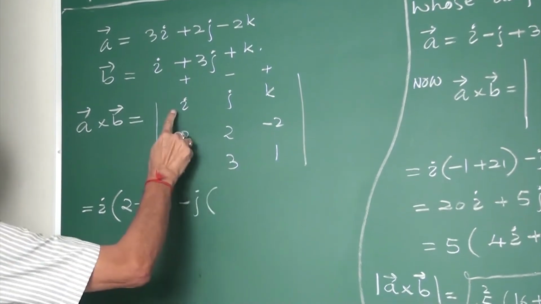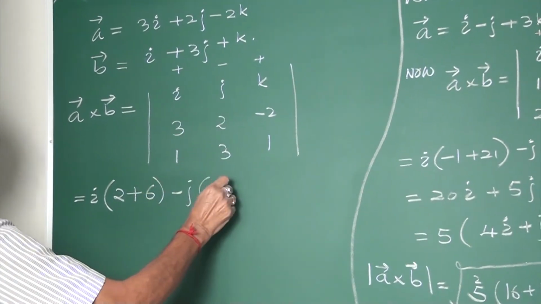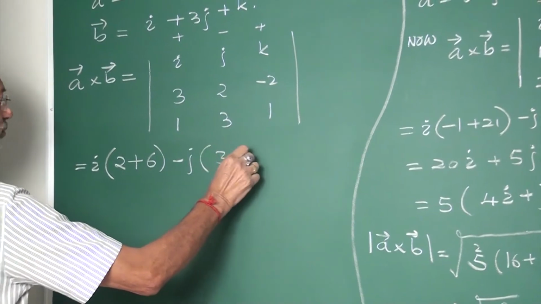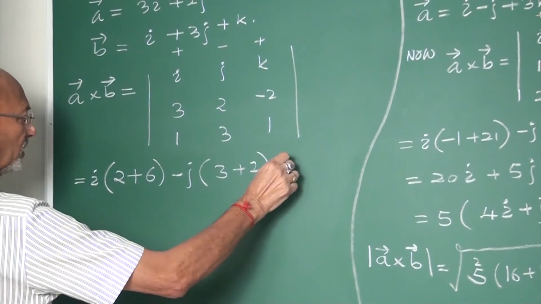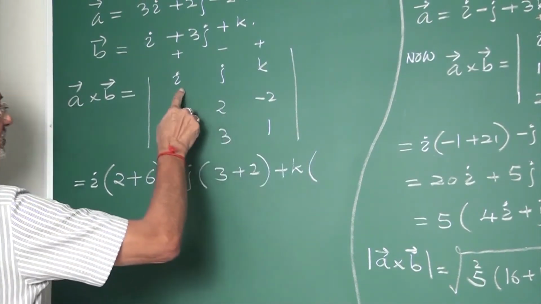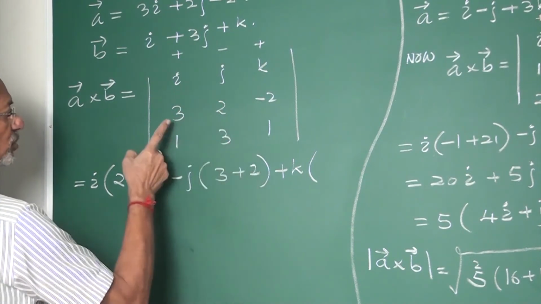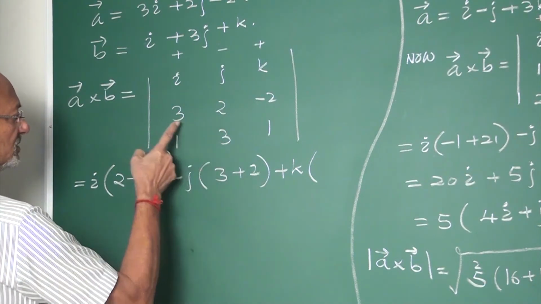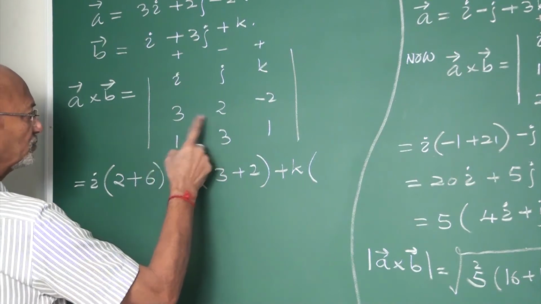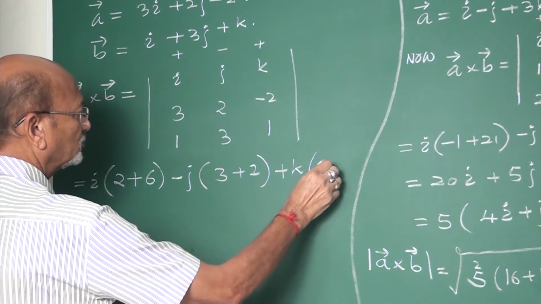Minus j into first row, middle column: 3 plus 2 into 1. Plus k into first row, last column: this is 9 minus 2.